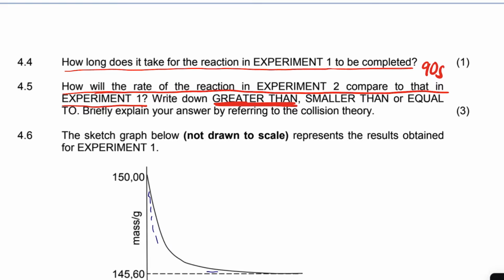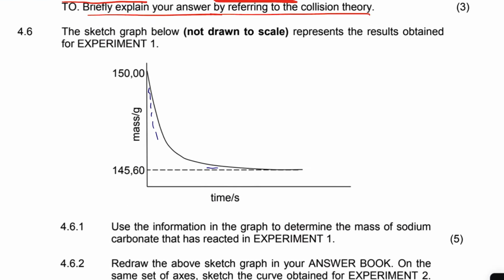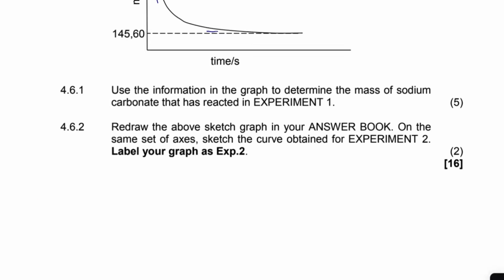Now it says briefly explain, referring to collision theory. So how you explain that is 4.5. What is the difference between the two? The answer is greater than first, and then explaining that. The difference is the surface area.